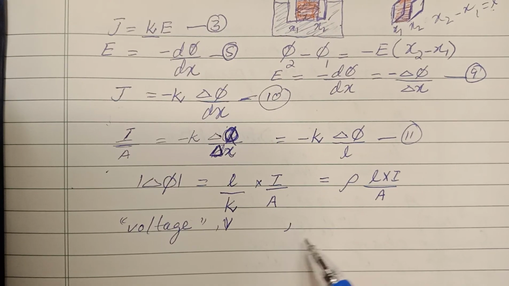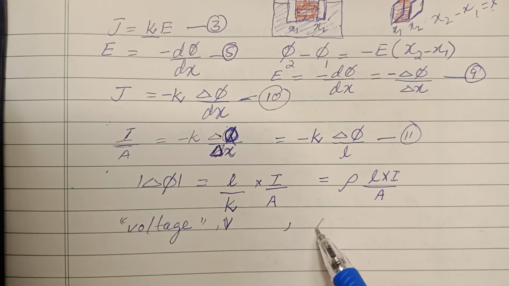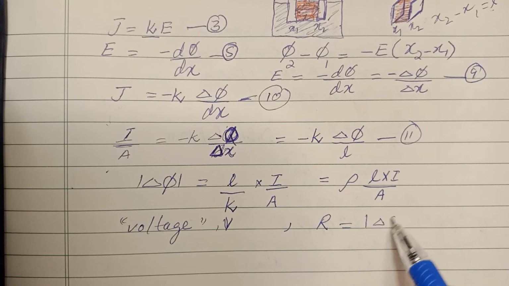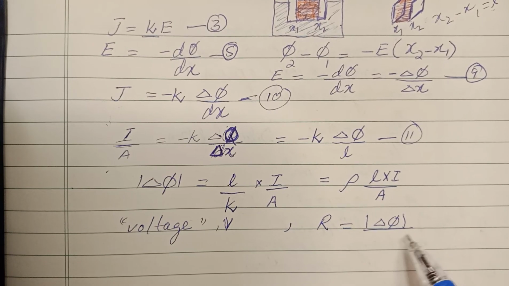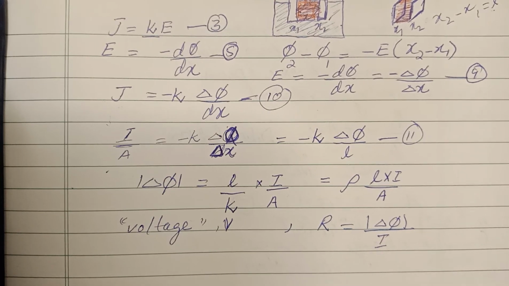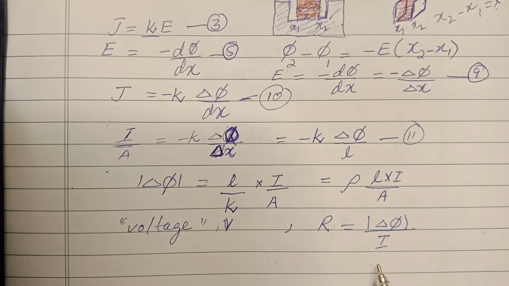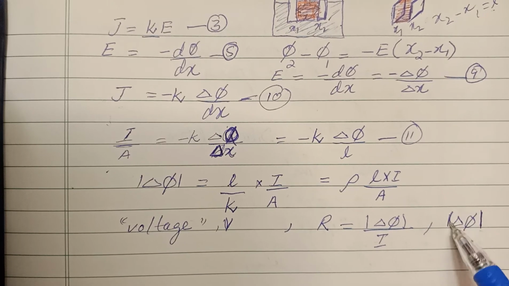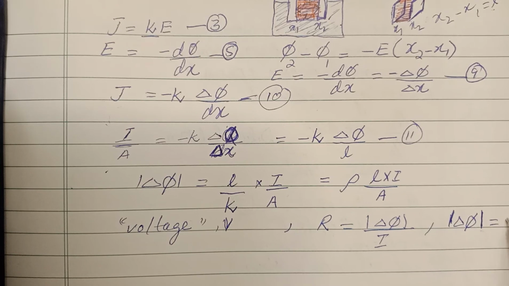So here resistance of the solution is defined as electrical potential difference over current, or the electrical potential difference is equal to current into resistance.